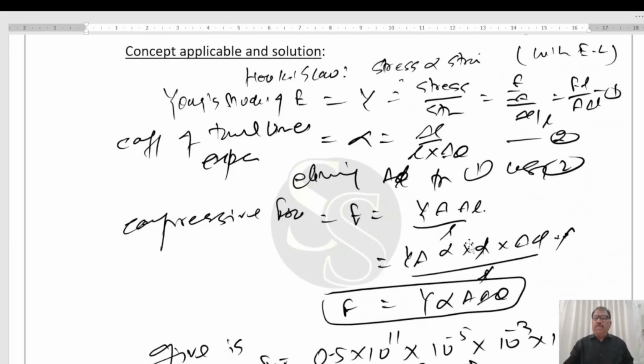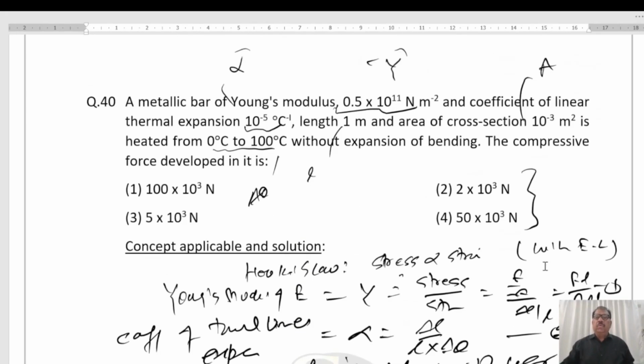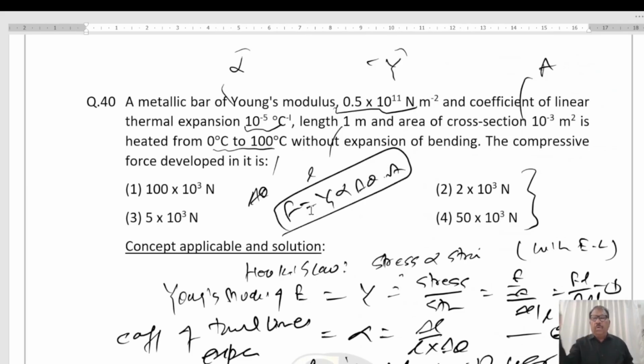Otherwise, this is the direct formula applicable here: F equals Y alpha delta theta into A. Every parameter is given, put in the formula and you can get the answer.